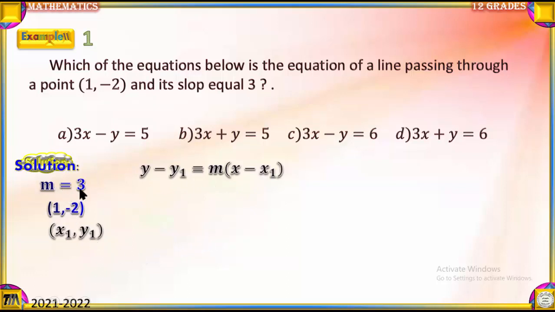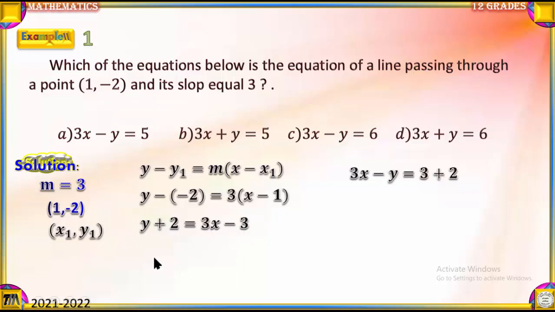Replacing m equals 3, x1 is 1 and y1 is minus 2. Y plus 2 equals 3 times (x minus 1). Open brackets. Y plus 2 equals 3x minus 3. 3 times x is 3x, 3 times 1 is 3.